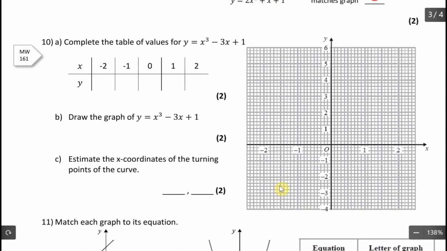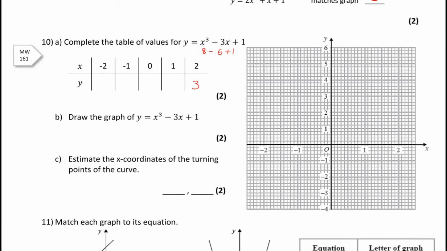Number 10. We need to plot a graph of this equation, so we need to substitute in these x coordinates. So I'm going to start with these positive ones. 2 cubed would be 8. Minus 3 lots of 2, 3 lots of 2 would be 6, plus 1, that would give me 3.